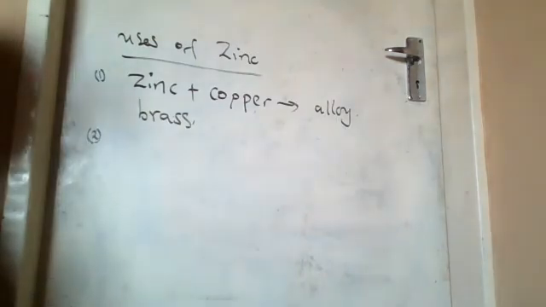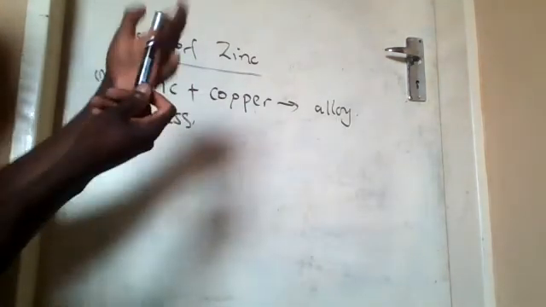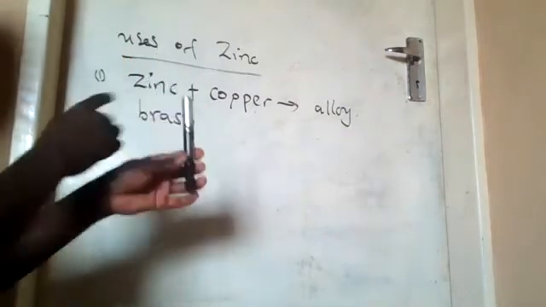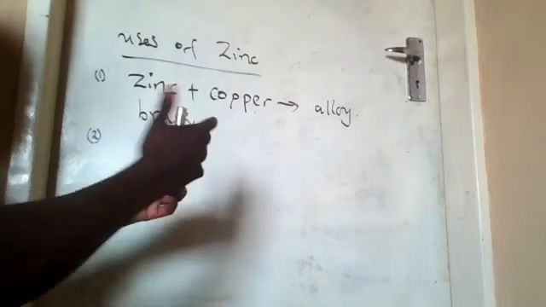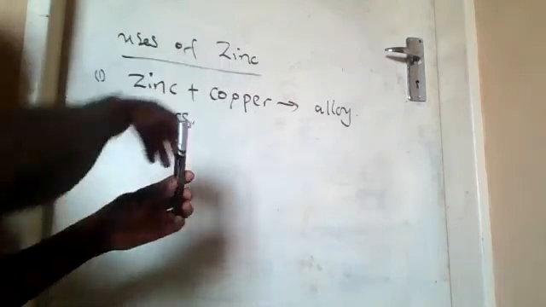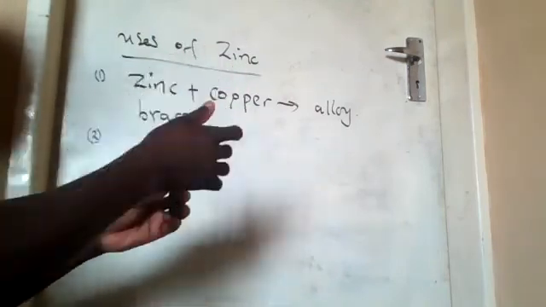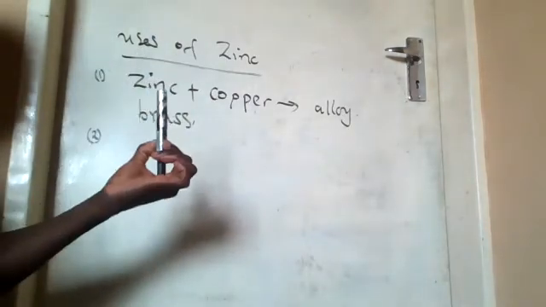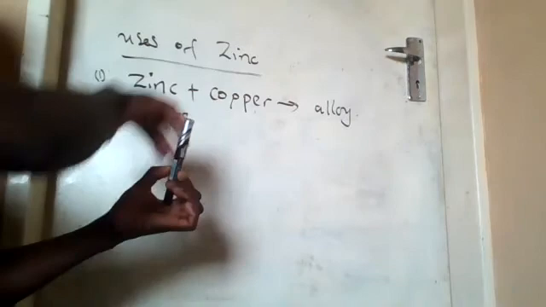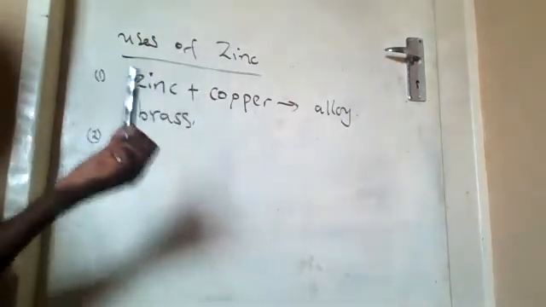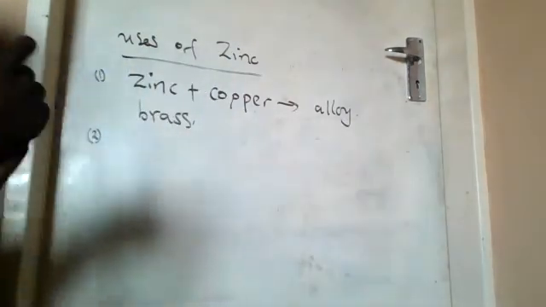Galvanizing is where you get traces of zinc and coat around the element that you're trying to protect. That's what we call galvanizing.